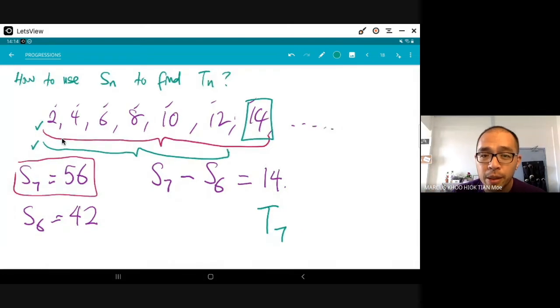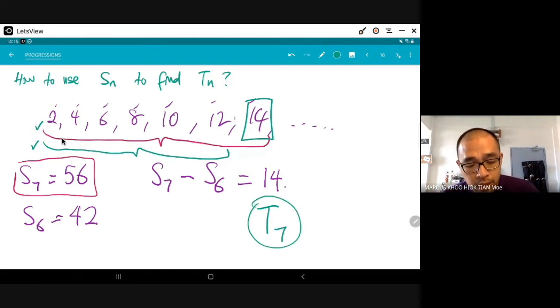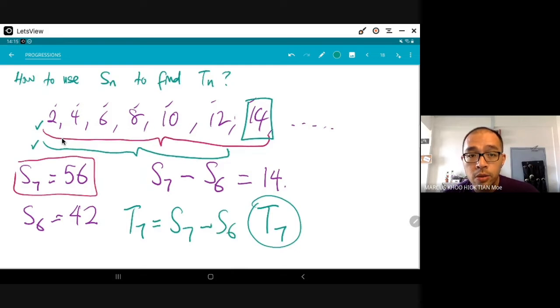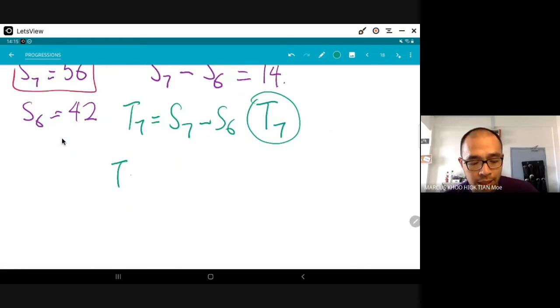I'm not sure whether I have lost anybody lah, tapi that's the concept. If you want to know a specific number, kalau kamu mau tahu satu tempat lah, okay? This is very important. T7 equals to S7 minus S6. So, how do I find T6? T6 will be S6 minus S5.